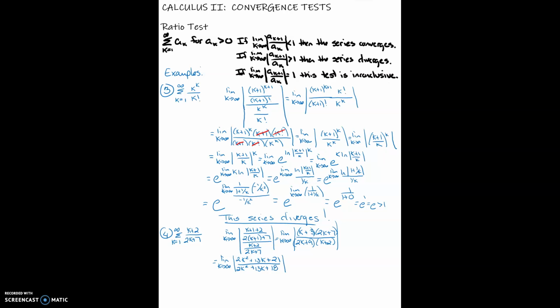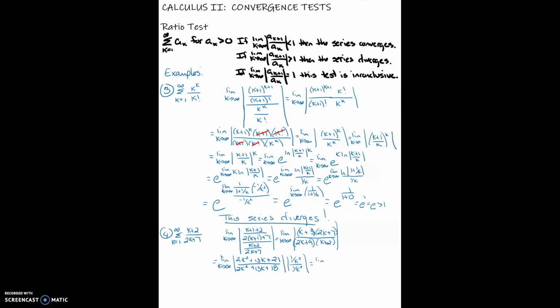A rational expression, polynomial over polynomial. Not going to use L'Hopital here. Instead, let's go to our handy dandy little technique: 1 over k squared, 1 over k to the power that's highest in the denominator. That's a nice little technique. Okay, distribute that out.